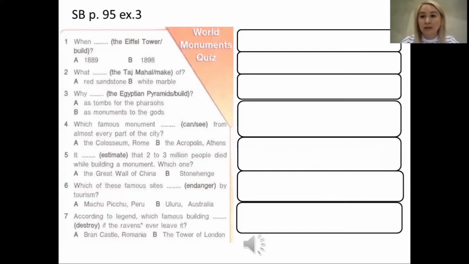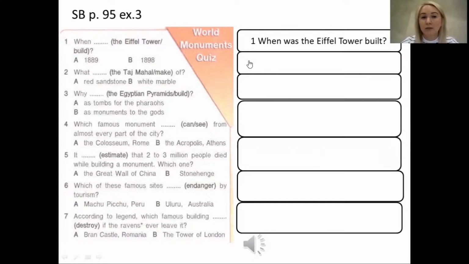So I give you some seconds to think and decide what you put in the first gap. So, when was the Eiffel Tower built? This is the correct answer.